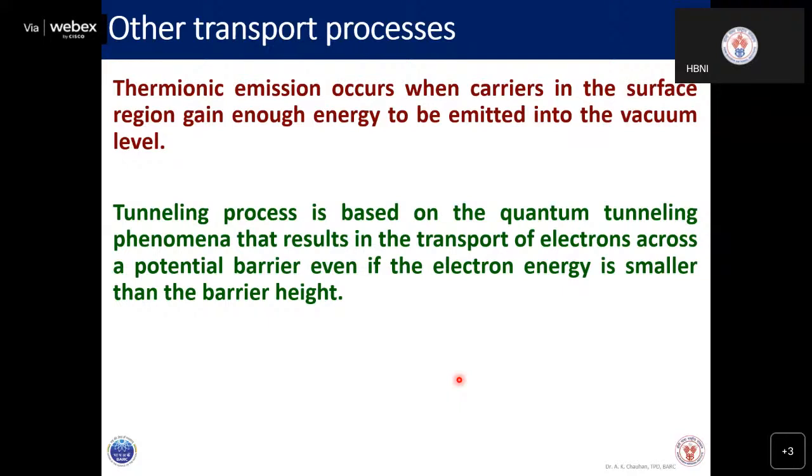Ideally, that electron can never cross that barrier because it requires more energy. It's like, in a physical expression, you are seeing a wall and the energy required to break the wall is very high, so you cannot break it.